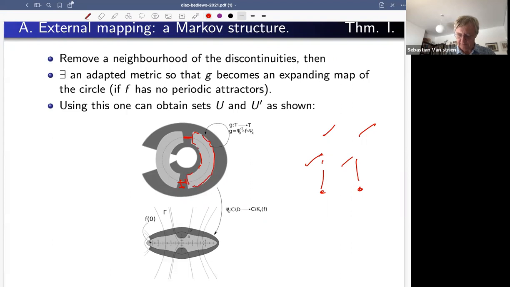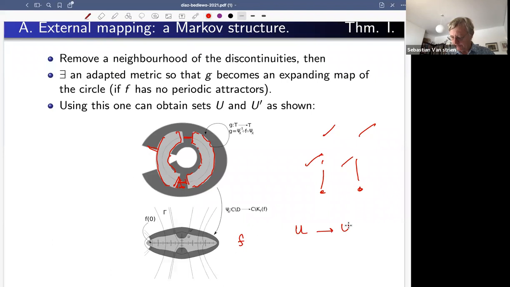So here they have this piece and then this piece, and they all map to the bit which is in dark gray. So this bit maps here, and this bit maps all the way here. And if I then go back to the original mapping F, which is the one that I'm really interested in, I get something which is almost like a polynomial-like mapping, but it's not really, because I don't have that.